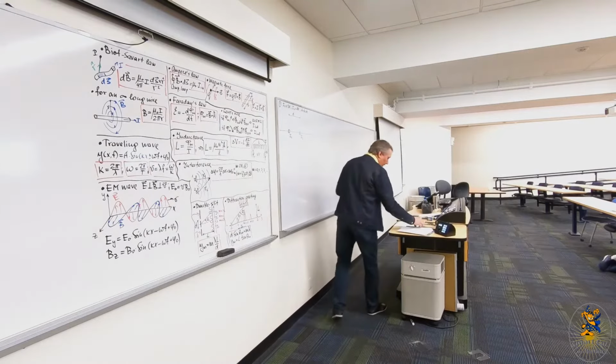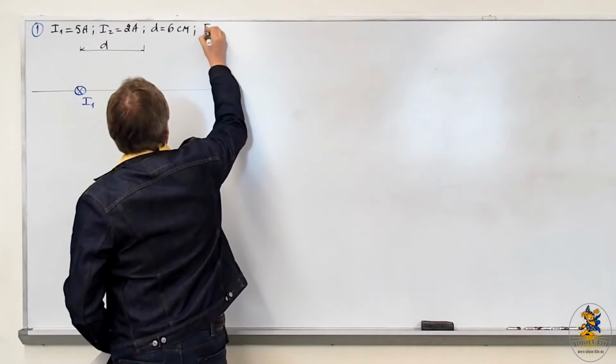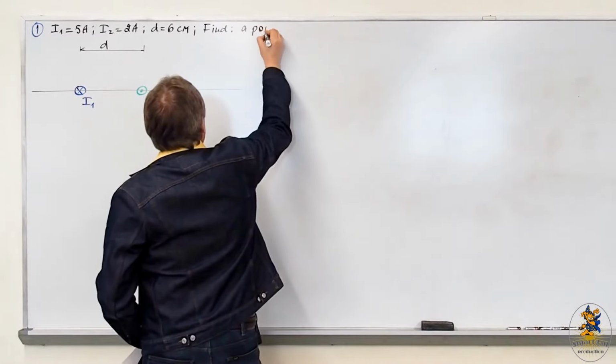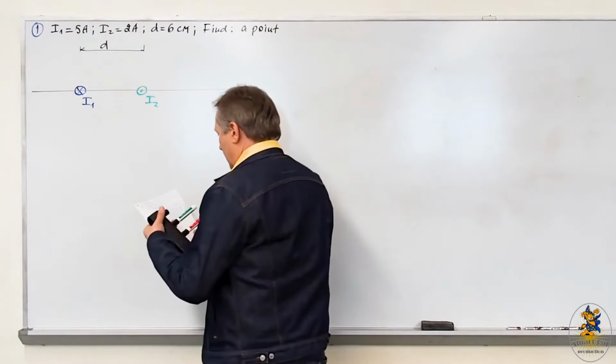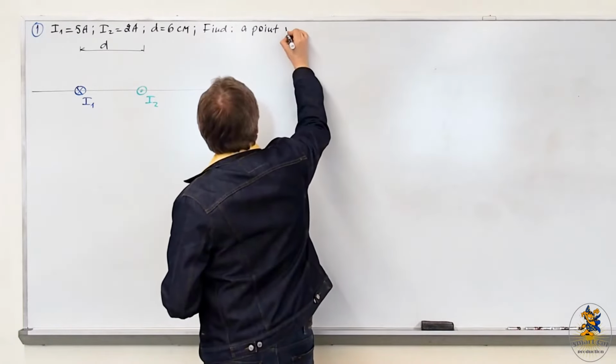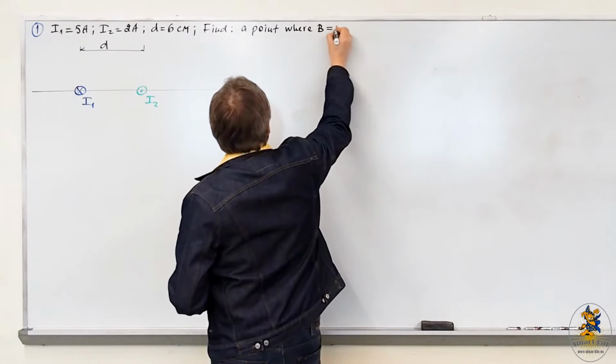Okay, so let me write that question. What do we need to find? A point, on this line, where the net magnetic field equals 0.